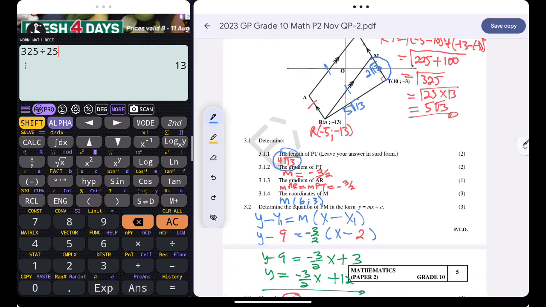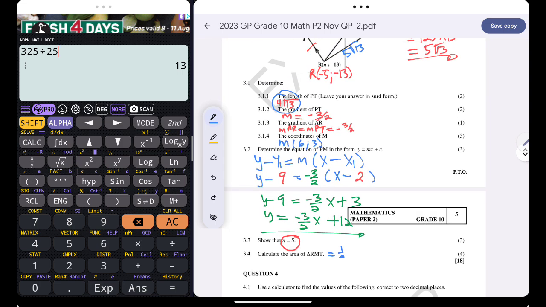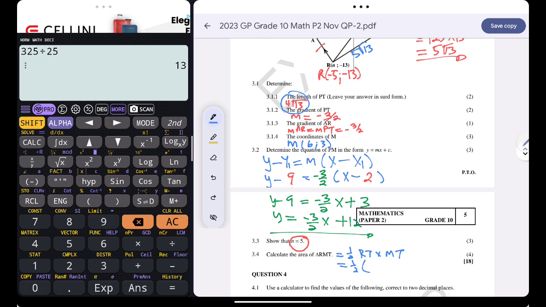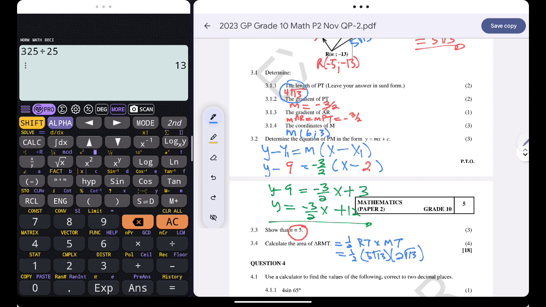Okay, so now for me to find the area, I'll simply say 1 over 2. What is my base? My base is RT and my height is MT. 1 over 2, the length of RT I found to be 5 roots 13, and the length of MT is 2 roots 13.